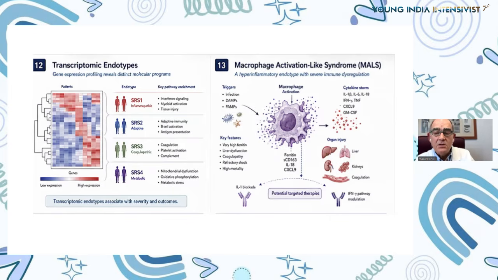But at this point, we may just see at the horizon the possibility of potential targeted therapy, for instance, the blockade of interleukin-1 or an interferon gamma pathway modulation. I will show you at the end of my presentation a couple of studies where we contributed with our group and where these different patterns are clearly shown, also with different interventions on the therapy.